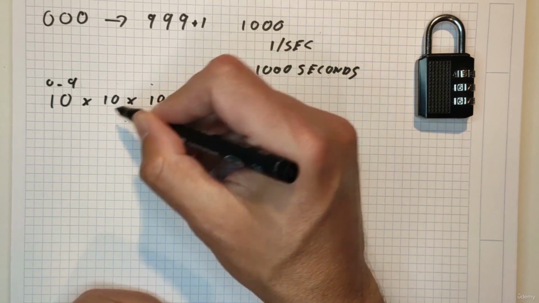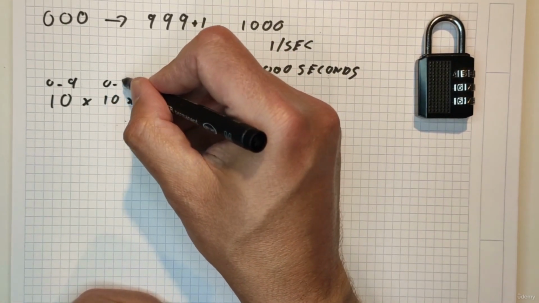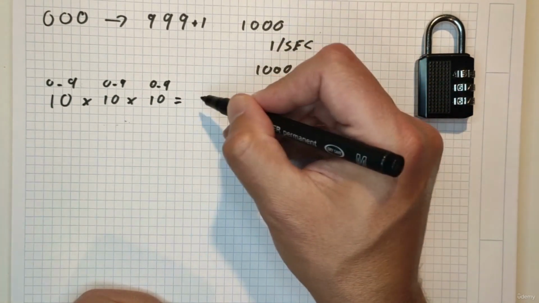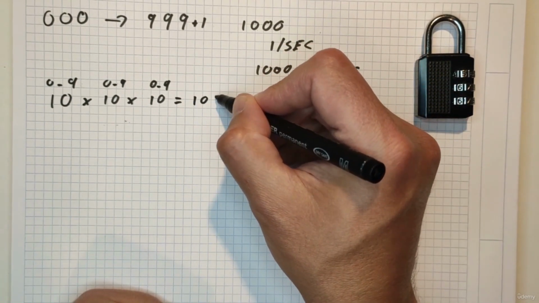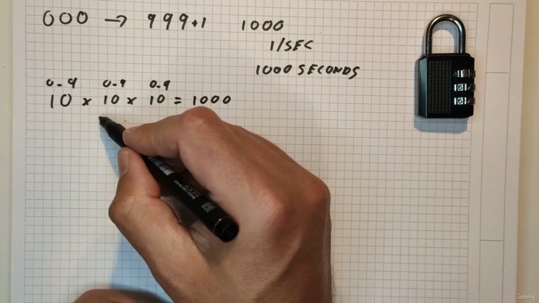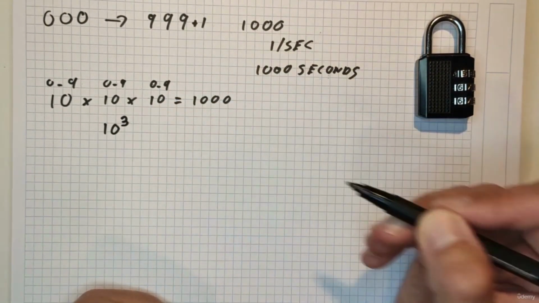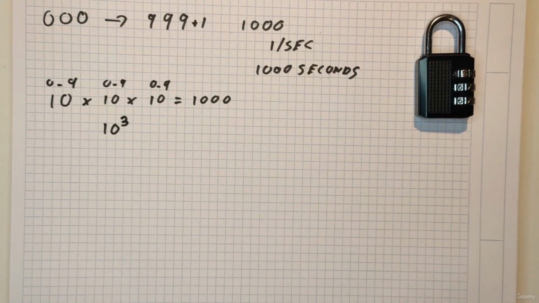These 10s are simply the 0 to 9 combinations. There are 10 combinations we can try on each dial. If we do 10 times 10 times 10, this of course gives us 1000. Another way to write this is to do 10 to the power of 3. This is just a different way of writing 10 times 10 times 10.